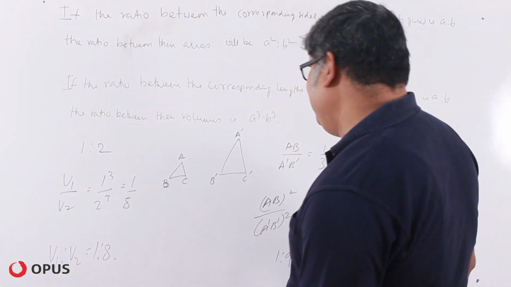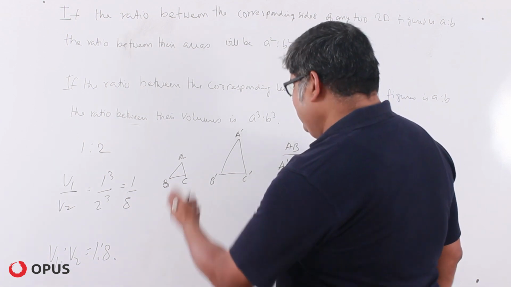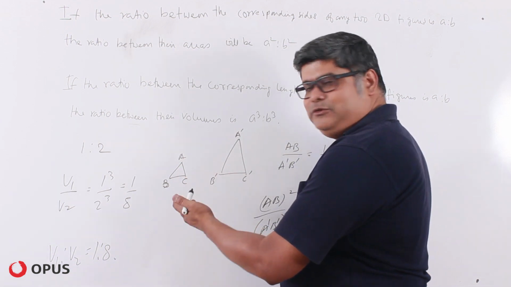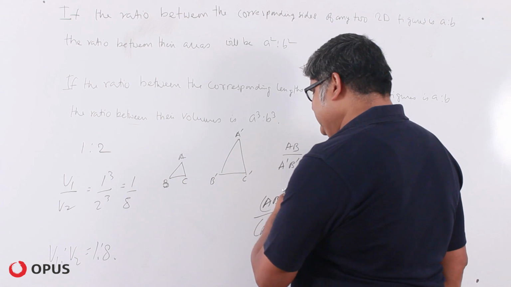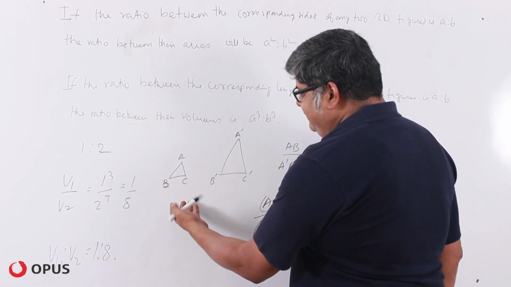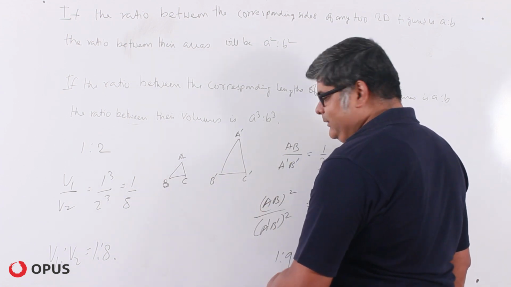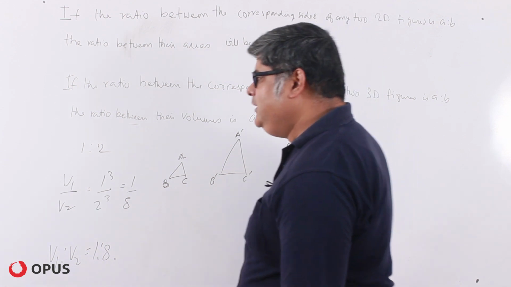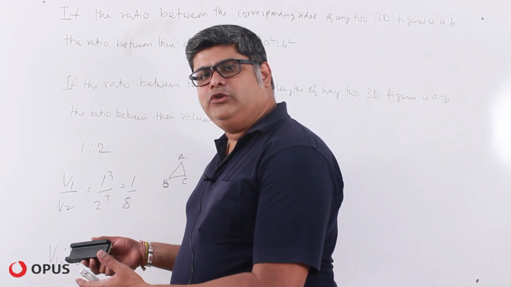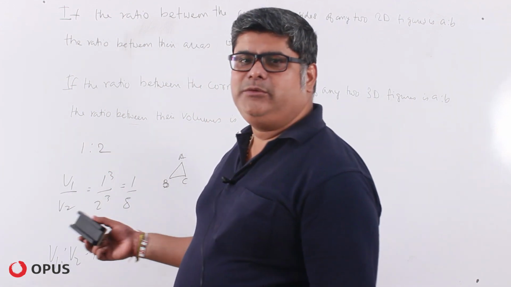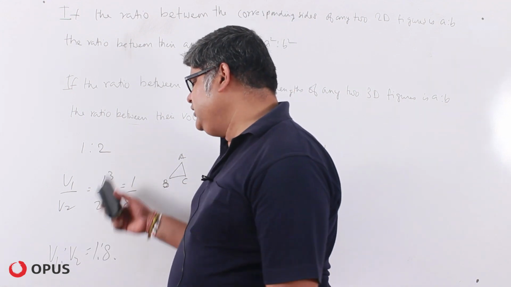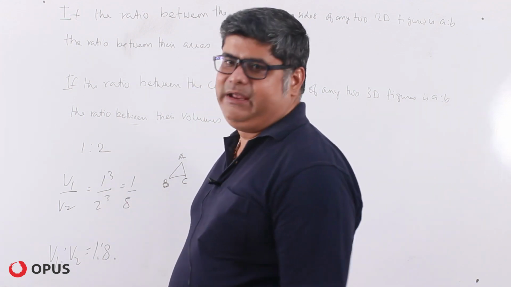Once again, if the corresponding sides of two triangles are in the ratio 1:3, the ratio between their areas is 1:9. Similarly, if the ratio between the sides of a cube is 1:2, the ratio between their volumes has to be 1 cube by 2 cube, which is 1/8.